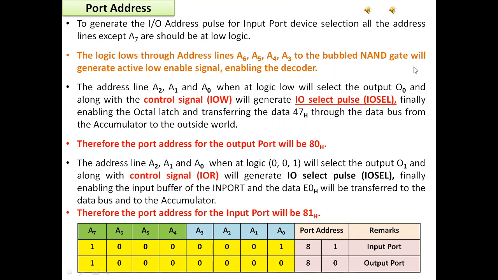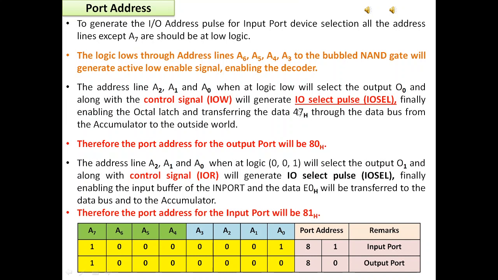This will generate an active low enable signal which will enable the decoder. Now A2, A1 and A0 are directly connected to the input of the 3-line to 8-line decoder. Now the output of the decoder O0 will get selected when A2, A1 and A0 are low.